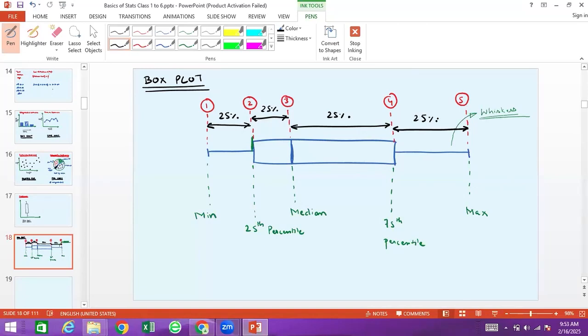So these 5 points divide the population into 4 equal parts in terms of percentage population. The median, anyway we know, is the middle value. It means that 50% of the population is less than this value, and 50% of the population is greater than this value. That is the median value.